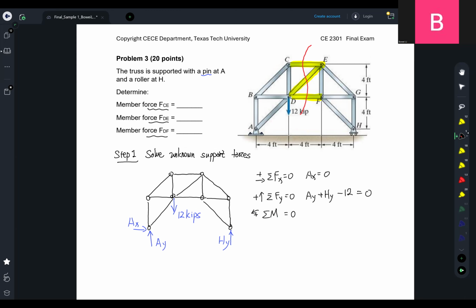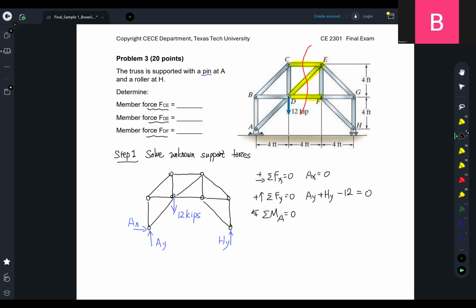The selection is not unique. However, here you are suggested to take the summation of moment about A, because the lines of action of AX and AY both cross point A.